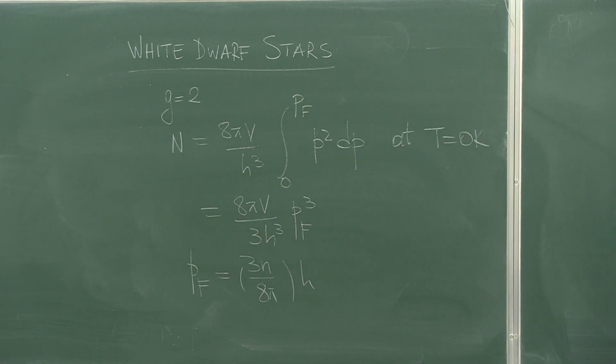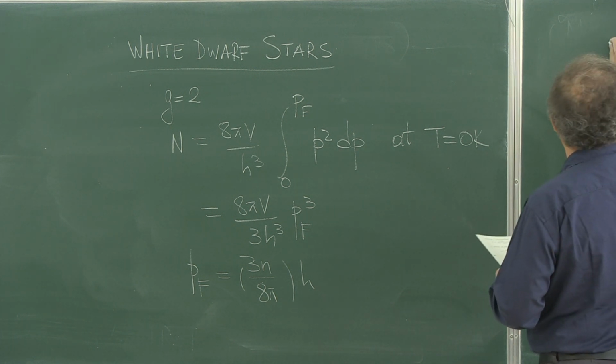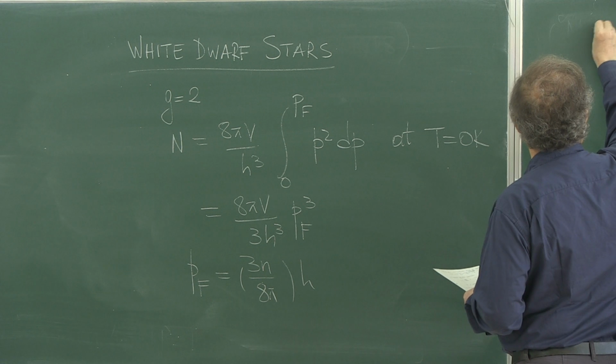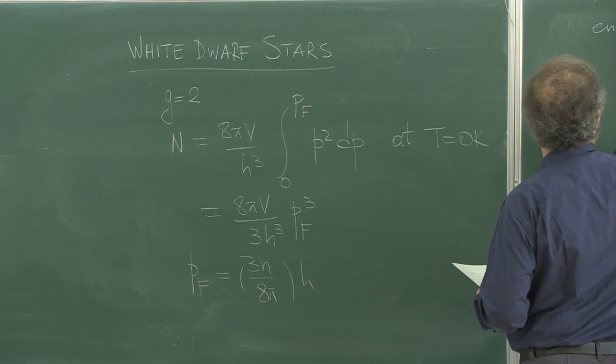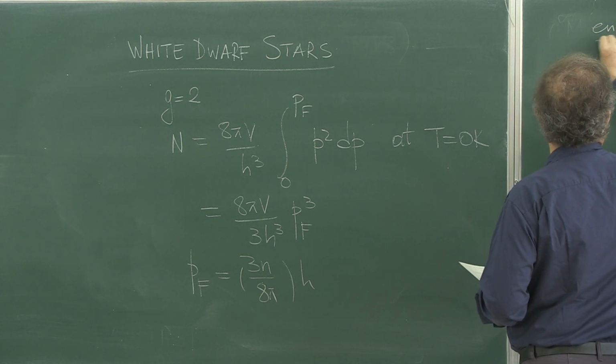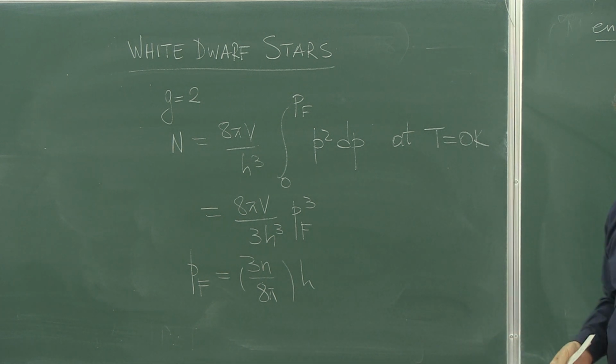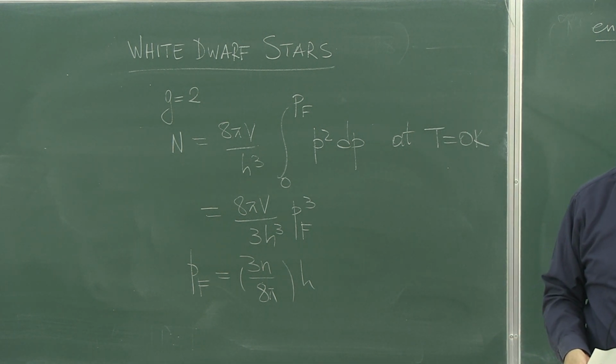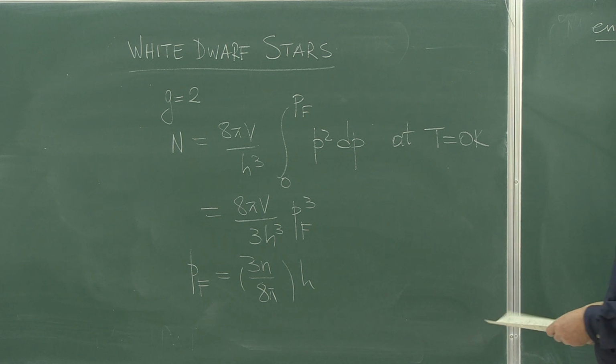So let's look at the energy-momentum relationship for a relativistic particle. What is this? It is not E equals p squared over 2m, is it? That is non-relativistic.